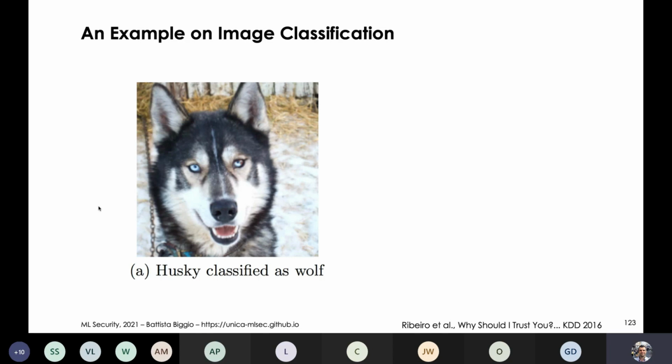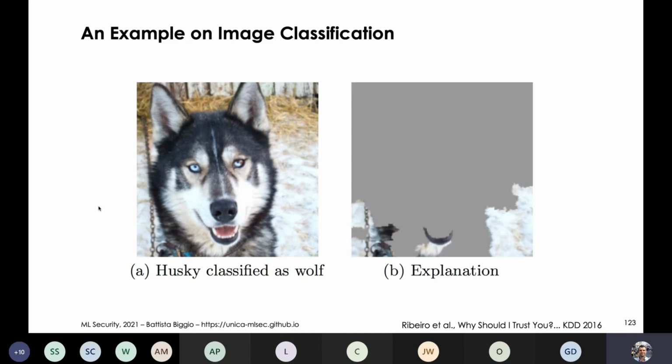And now if you use this method, LIME, to see why the algorithm has made this error, the explainability method will show you this picture where it only retains the pixels which are most relevant to make this decision.